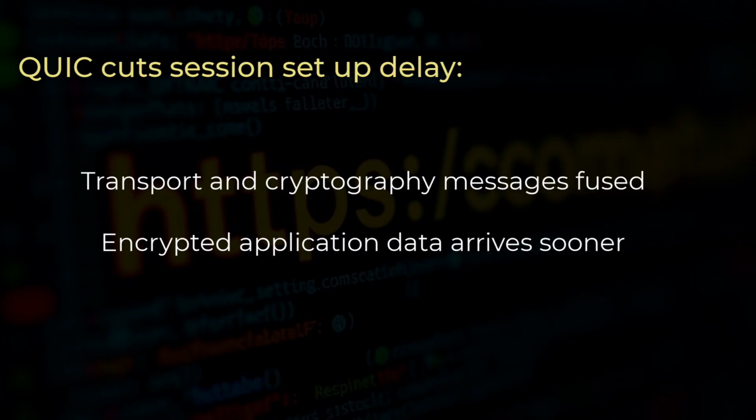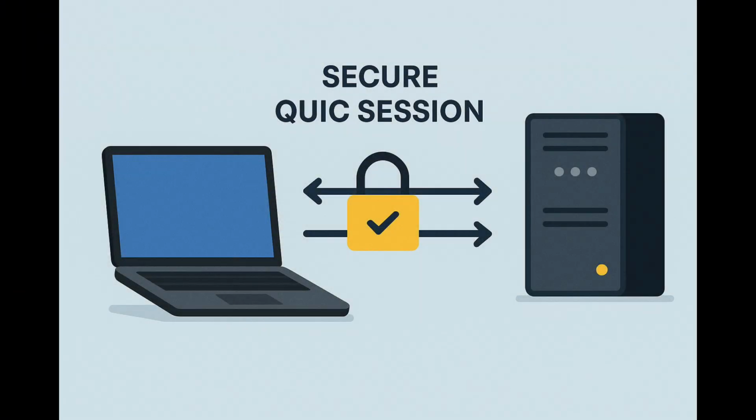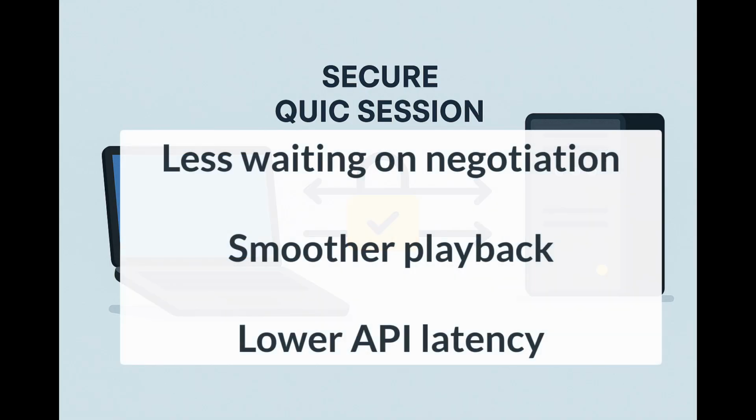Its per-stream reliability means a hiccup retrieving one image doesn't freeze the rest of the page, improving perceived responsiveness. On mobile and last-mile links, where jitter and light loss are normal, this design shines. The net effect is less waiting on negotiation, smoother playback under mild loss, and lower tail latency for APIs, which translates into snappier pages and more resilient user experiences.